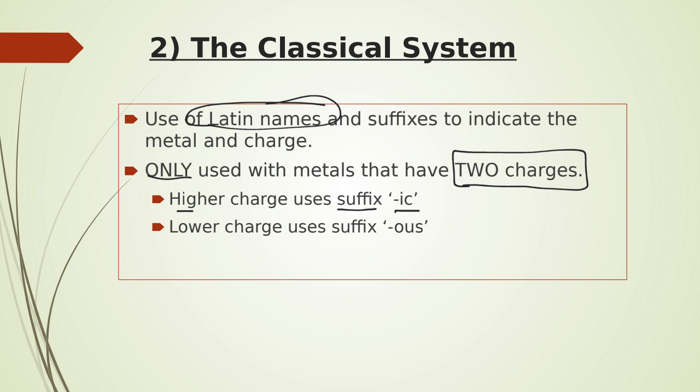If we have the lower charge, we're going to use the suffix "ous," O-U-S. And just keep in mind, again, a little trick: lower has an O, "ous" has an O, higher has an I, "ic" has an I. So just to help you if you find it difficult to remember.